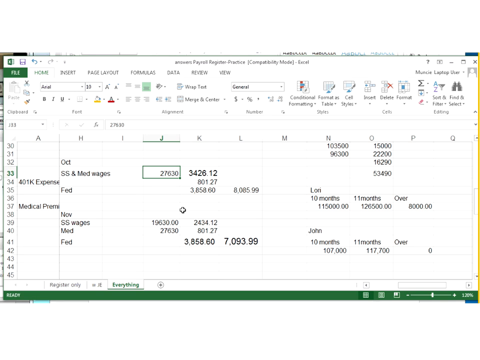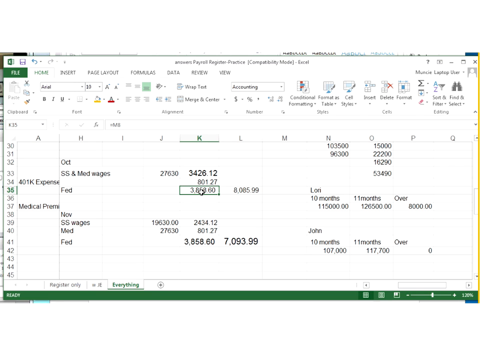So for Social Security, all of the Medicare wages are taxable as Social Security as well in October. So what I did is take the 27,630 times the 1.24, the 27,630 times the 2.9, and the 2.9 is the 1.45 plus the 1.45, employee and employer match.